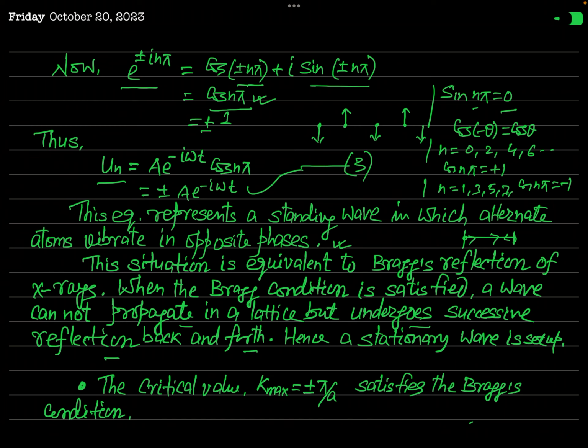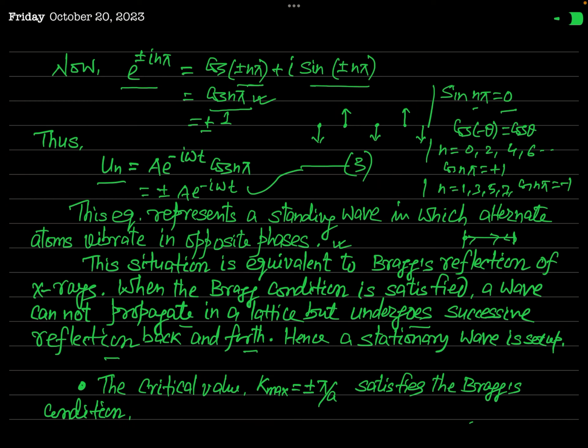So I have told you that this situation is just equivalent to the Bragg's reflection of X-rays, because when Bragg's condition is satisfied, the wave does not propagate through the crystal, but it suffers successive reflection back and forth. And similar is the situation in this case too at the zone boundaries.